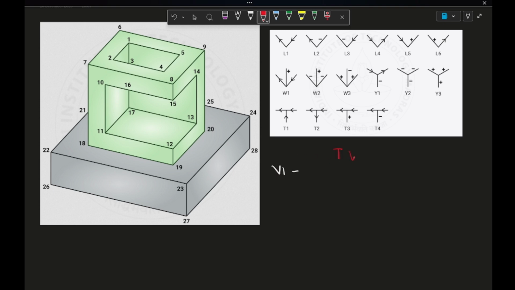So T, W, Y, L. We start with T because in the T junction there are four labels, T1, T2, T3, T4, and all horizontals are the same. I don't get why. The first label to test is T, because T1, T2, T3, T4 have commonality in the horizontal.